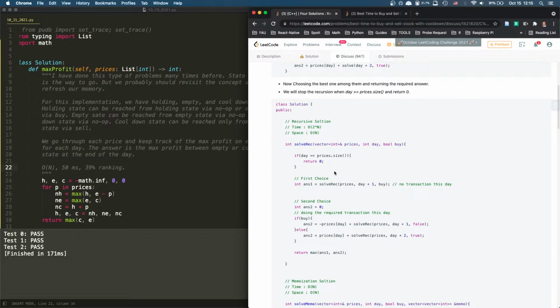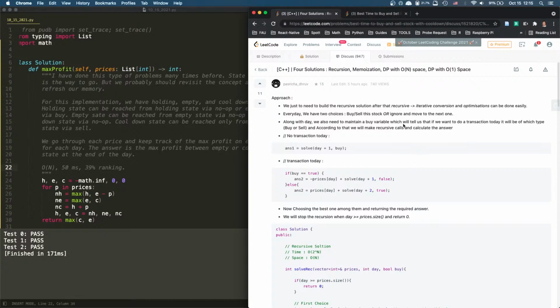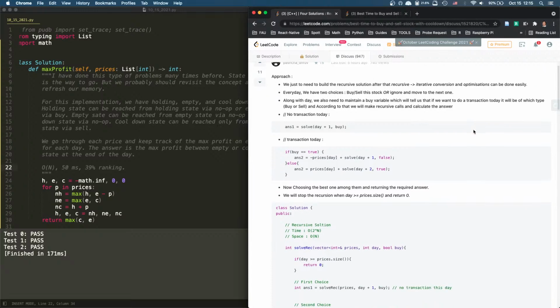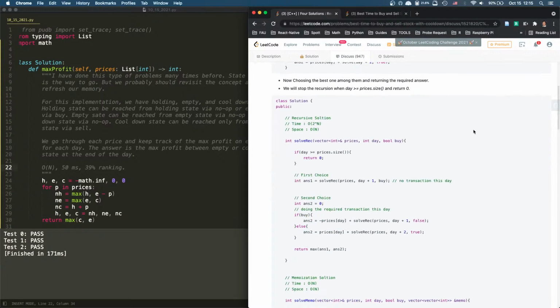Okay, first choice, no transaction today. What is buy? If we want to do a transaction today, it will be of which type?